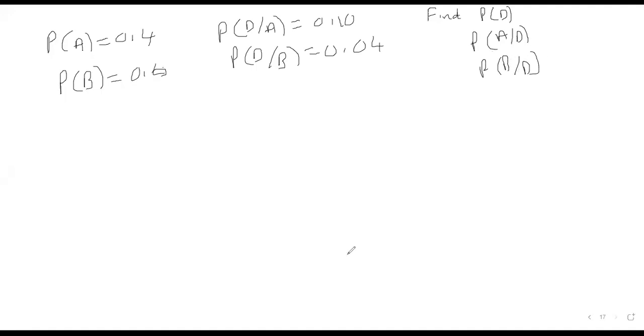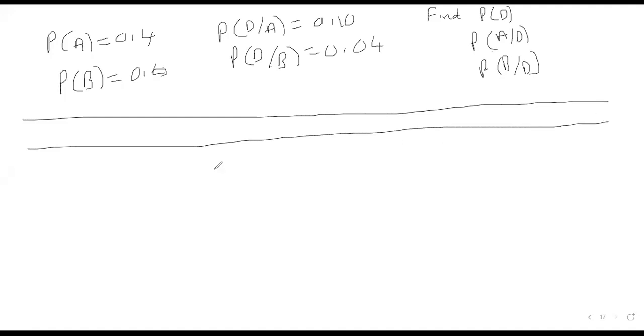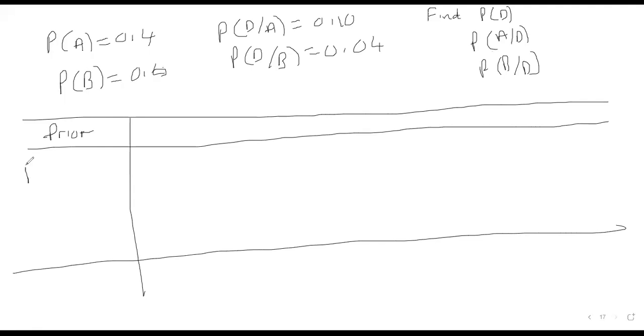So quickly, I'll teach you what is called a contingency table. To start with, there are what we call prior probabilities. These are the original probabilities. The prior probabilities must always add up to 1. What is the probability of A? 0.4. And the probability of B? 0.6. Are they adding up to 1?